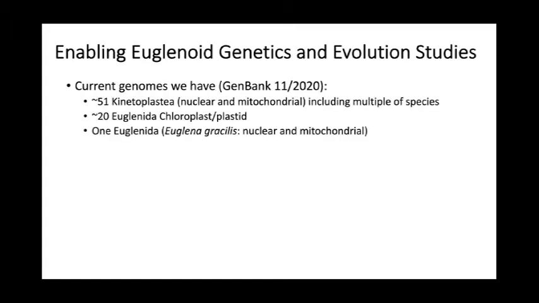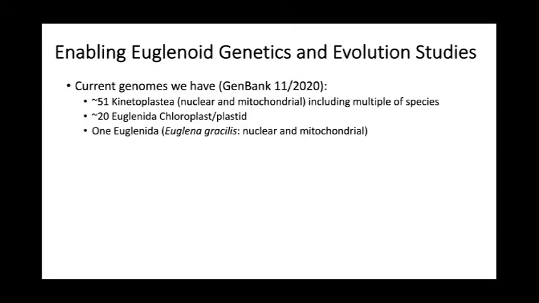Just a little bit of background from looking around in GenBank. I'm sure there are more out there, but from what I could find in GenBank, there are about 51 kinetoplastid genomes of various types, nuclear and mitochondrial. Many of these are multiple species of the same thing, so different culture collection versions of the same genus and species.